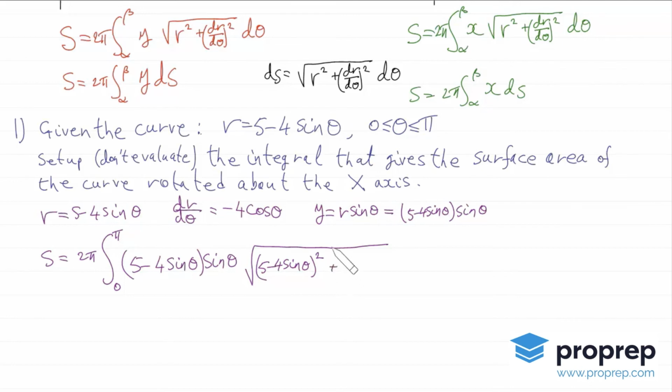I don't need the minus. I can just take 4 cosine theta squared, and then all this d theta.